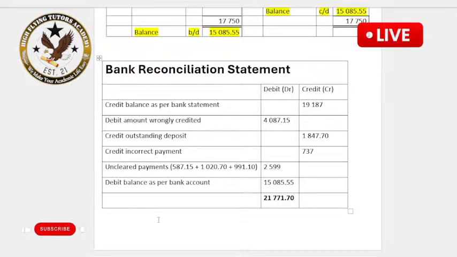Is it balancing, guys? Are we all getting 21,771.70 on both sides? For both sides, that means our bank recon is balancing.